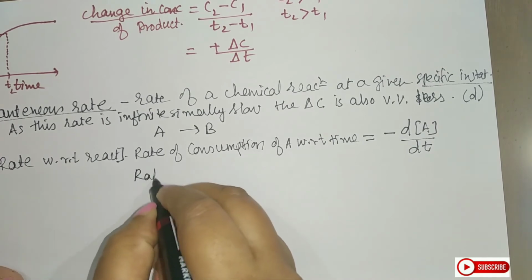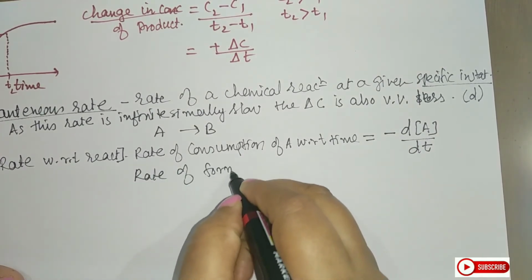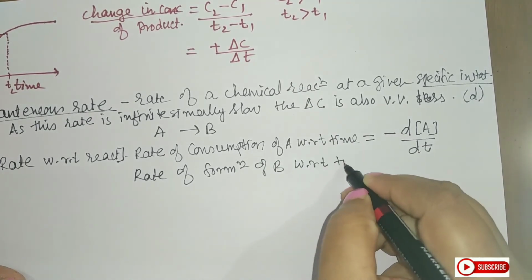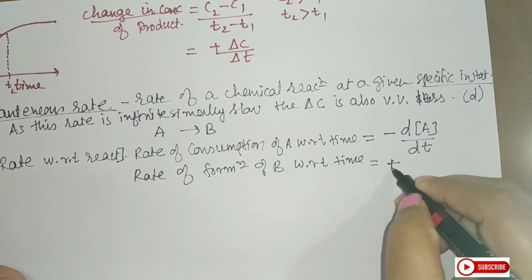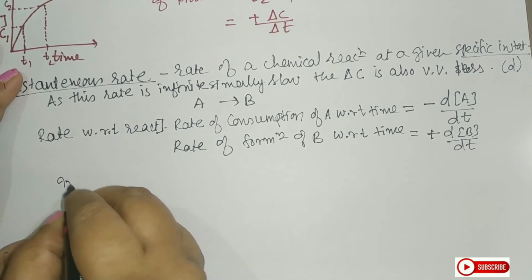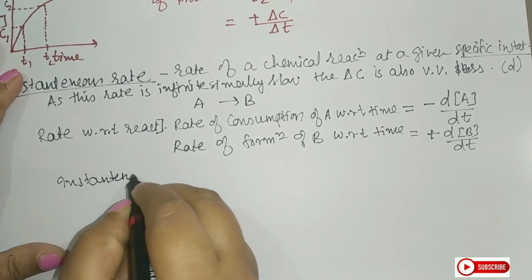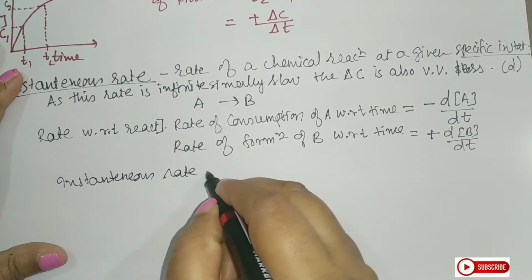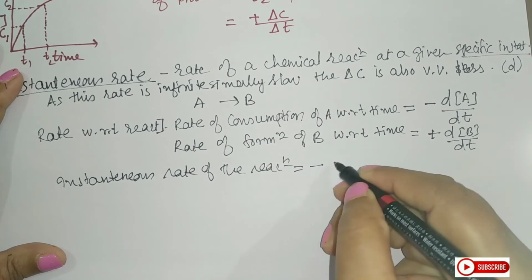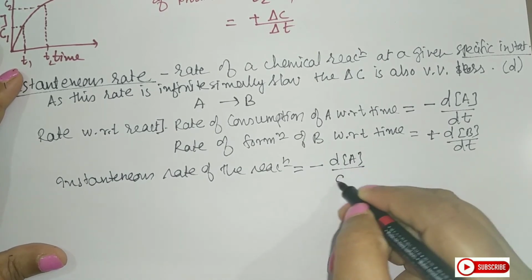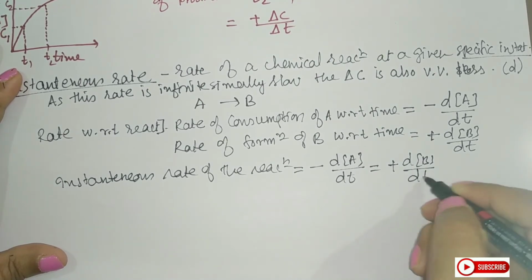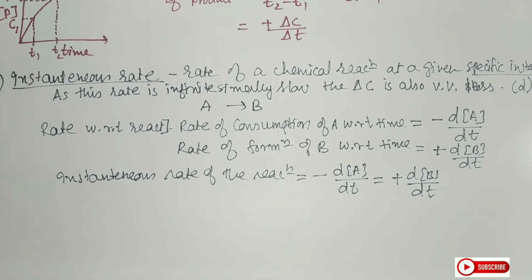Next will be the rate of formation or appearance of B with respect to time, which is plus dB by dt. So the instantaneous rate of the reaction, how will you write this, students? Minus dA by dt is equal to dB by dt. So this is how you write the instantaneous rate.